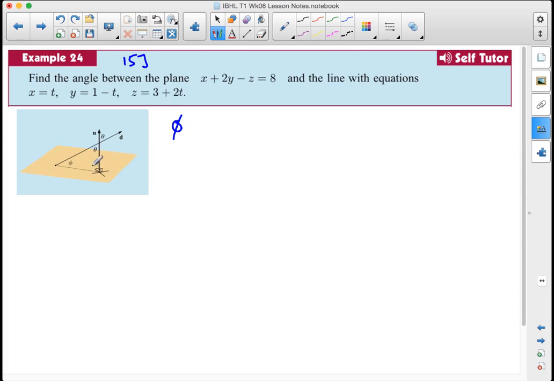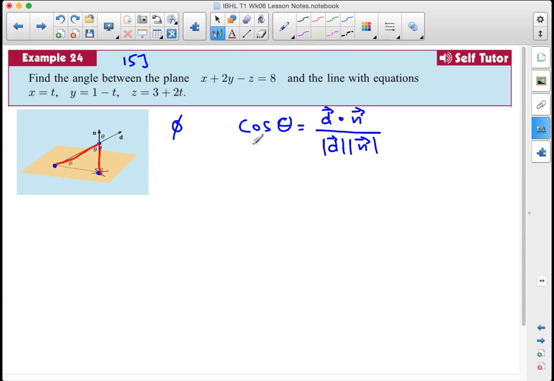Now in this triangle here, the cosine of theta is the adjacent over the hypotenuse, and we know that the cosine of theta is that direction vector of the line, the inner product with the normal of the plane, divided by the length of both.